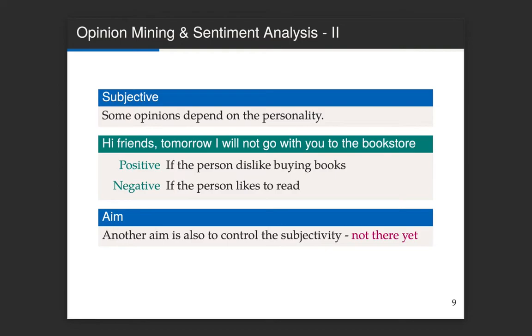That's my point. One of the aims of opinion mining would be to control the subjectivity of these opinions, but the research is not there yet. It is too complicated.